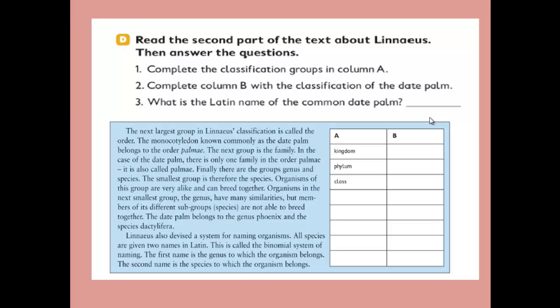Organisms of this group are very alike and can breed together. Organisms in the next smallest group, the genus, have many similarities, but members of its different subgroups or species are not able to breed together. The date palm belongs to the genus Phoenix and the species Dactylifera.